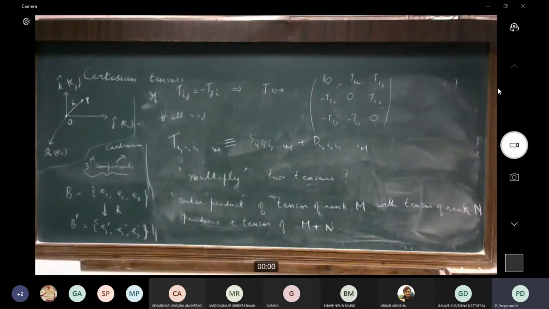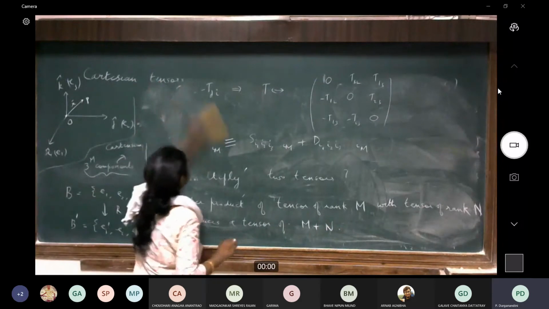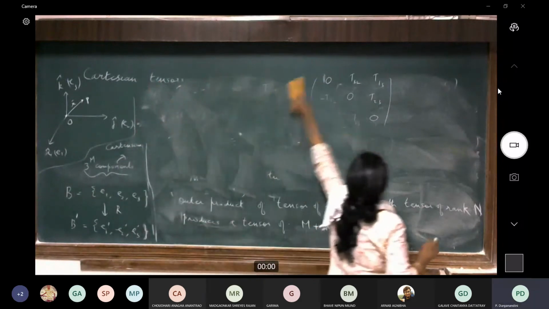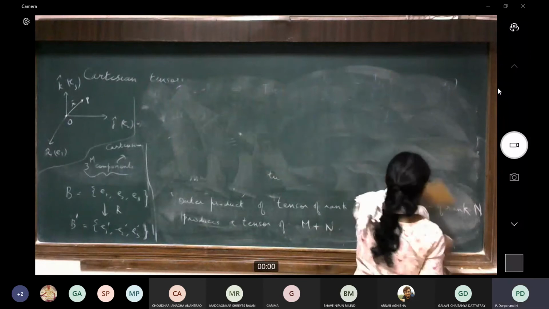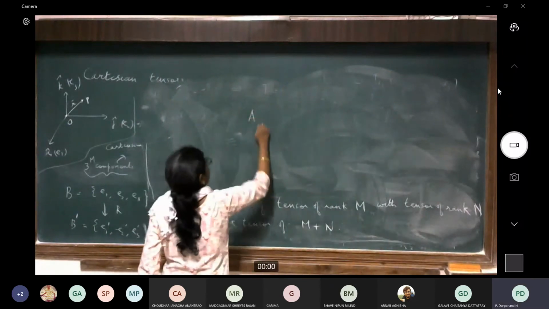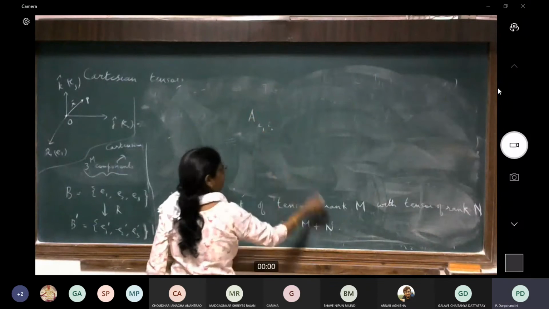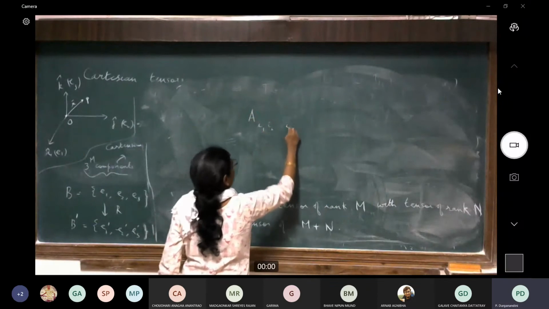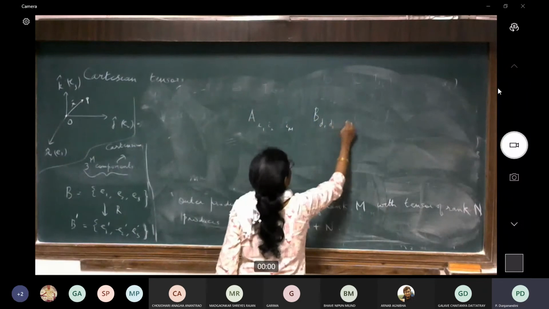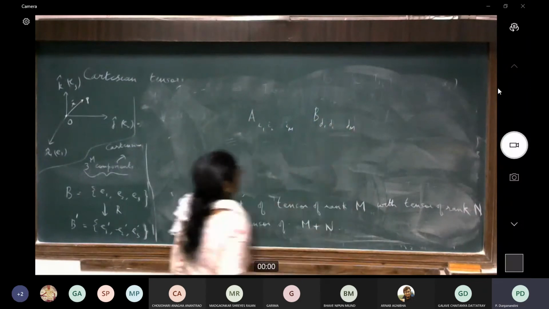Or in other words, the way you do it is just the following. If I write it formally, suppose A is having rank M, so it will have indices I1, I2, up to Im. Then I will have B, which is J1, J2, up to Jn.